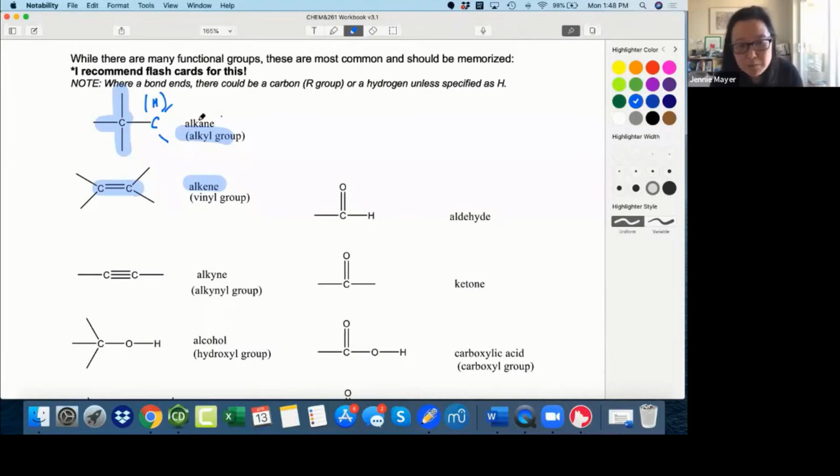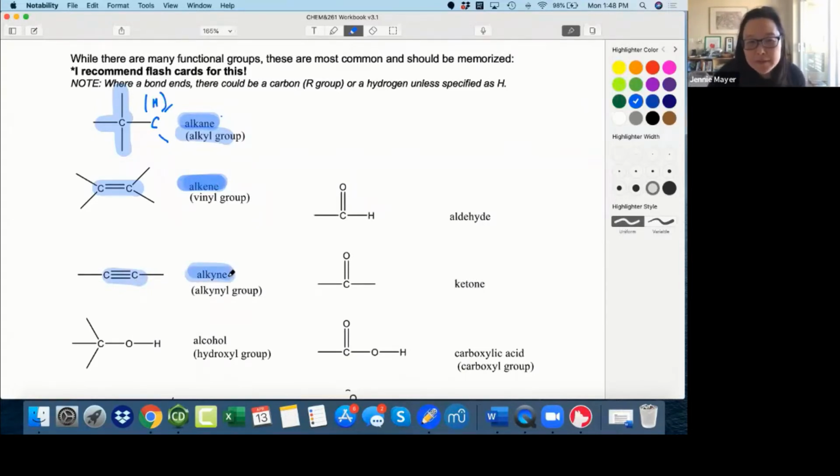Do you need to know both names, alkene and vinyl? I would say yes, probably you will see them both. Eventually we will use them both. But for now, you can focus on alkane and alkene. So these parts right here. Okay, next we have the same thing, but for a triple bond. We call it an alkyne.